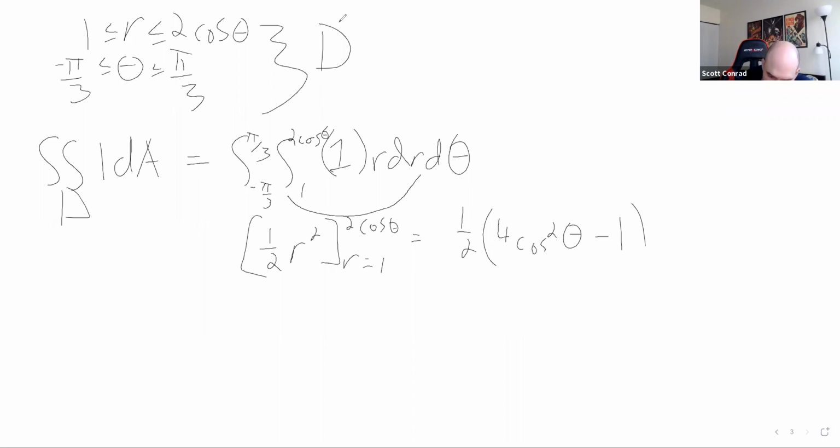So we get the integral from negative pi over 3 to pi over 3 of, let's distribute through the 1/2, 2 cos squared theta minus 1/2, d theta.